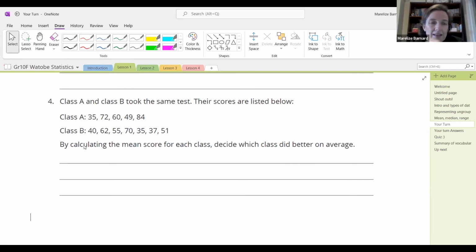Calculate the 2 scores and then put your answer in the chat when you're done. Remember, you must answer the question, decide which class did better on average.